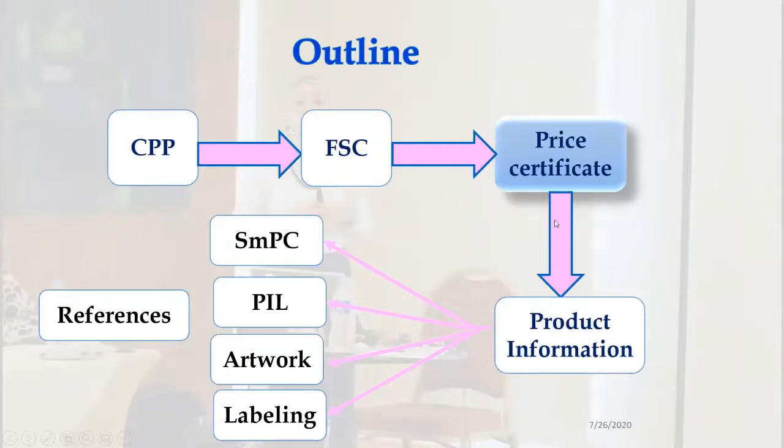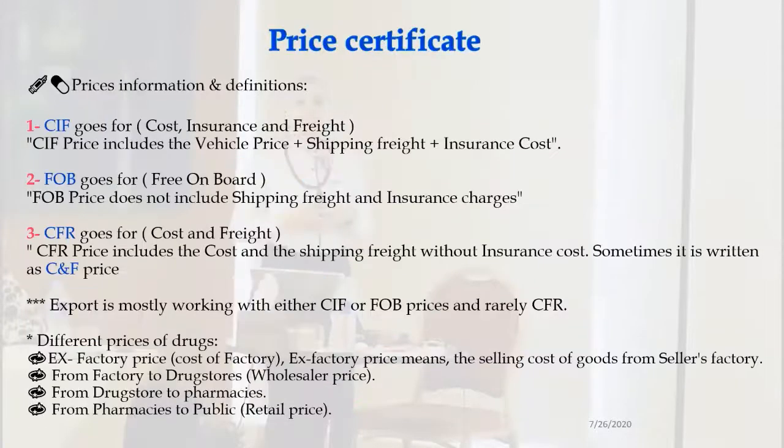Some health authorities ask to include the price certificate information in Module 1. The price certificate is issued by the health authority of the country of origin, in case there is a price system in this health authority. Each health authority will specify the format of the requested price certificate to be included in the CTD submission.